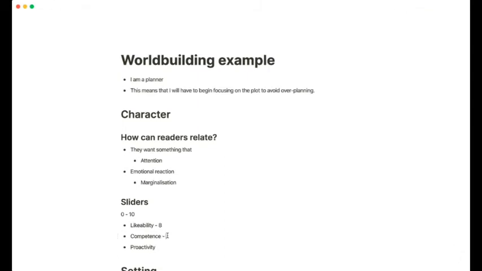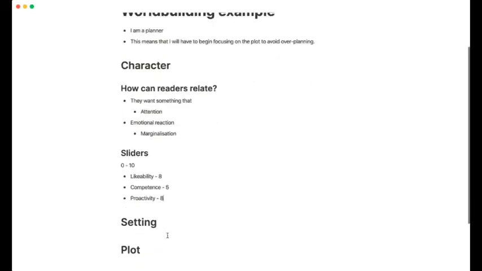Their competence is, however, quite low because they have been marginalized by society, and this prevented them from learning certain things, and therefore they have less competence. But the proactivity to do the things that they know is once again relatively high.